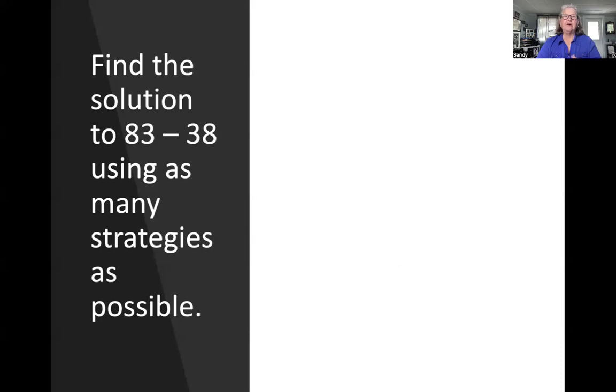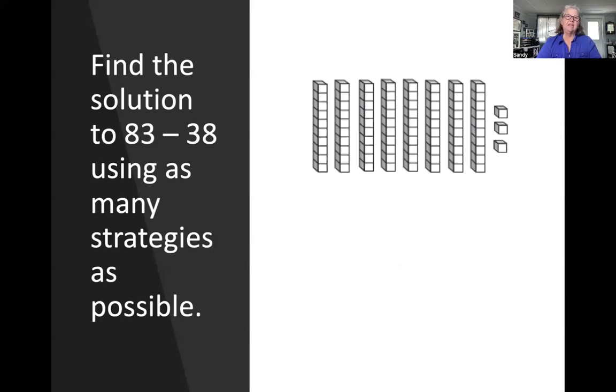Okay? Now, another way, you may see children using base 10 blocks. In the base 10 blocks, you can see that I've shown 83. And one way to remove 38 that your children may learn is they remove the 30, just like the previous problem. They think of it as 30 and 8, but they decompose a 10. They cut that 10 apart into 8 and 2.